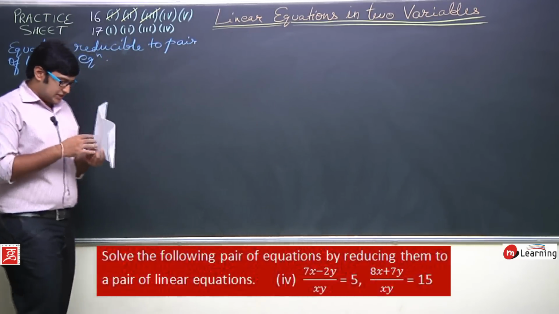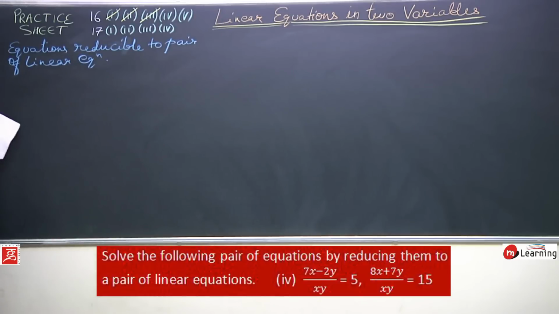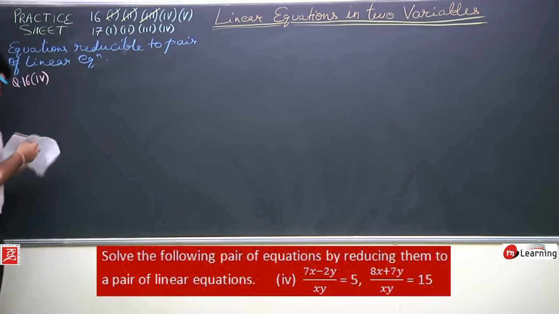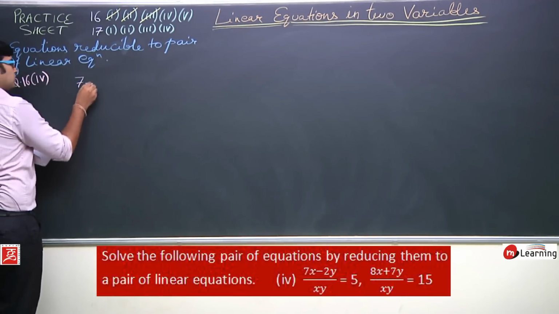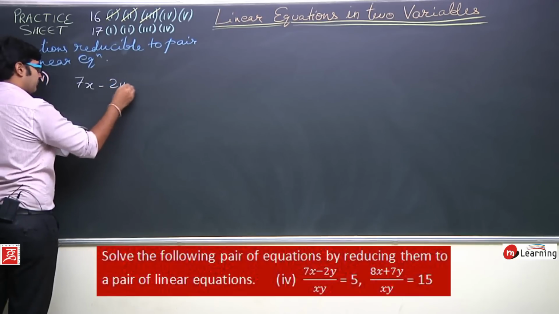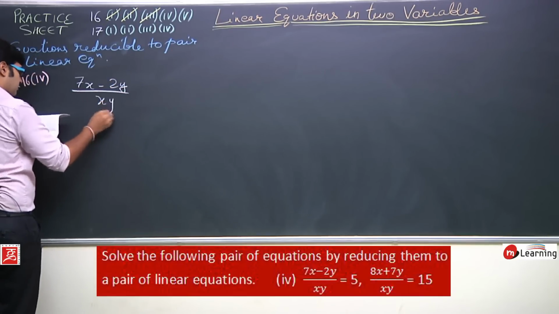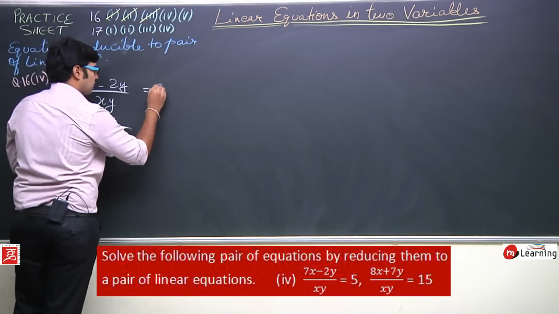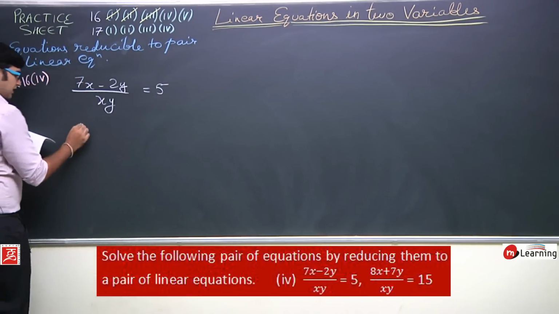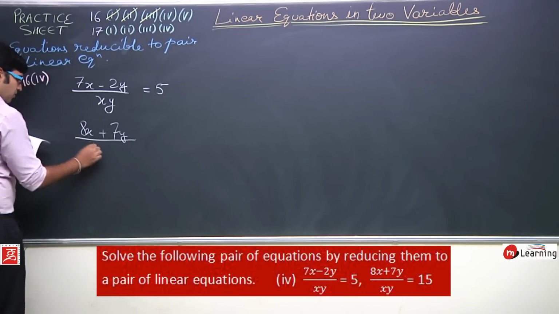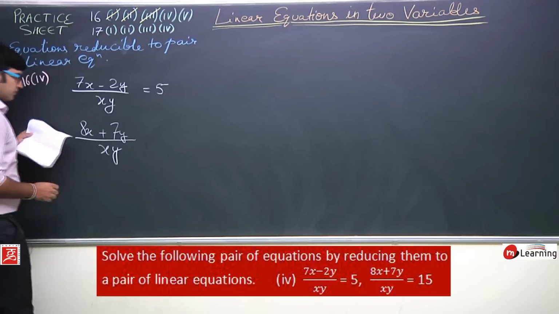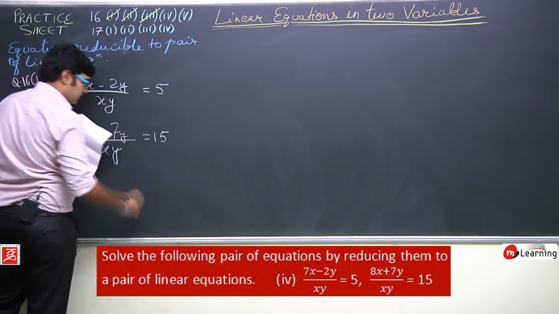Fourth part of question number 16 is fourth part. The equations given in the fourth part are 7x minus 2y upon xy is equals to 5 and 8x plus 7y upon xy is equals to 15.